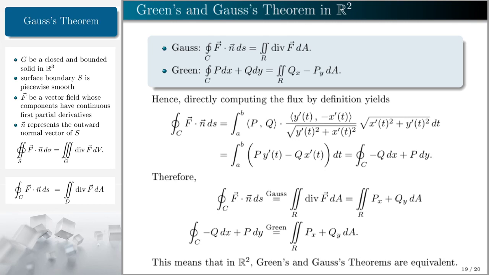It really means that Green's and Gauss's theorems are equivalent in R squared. You just need to be careful on what form you're applying it. If it is the first, you use Gauss. On the second, you use Green's theorem.